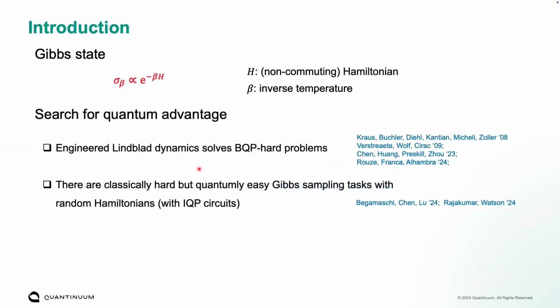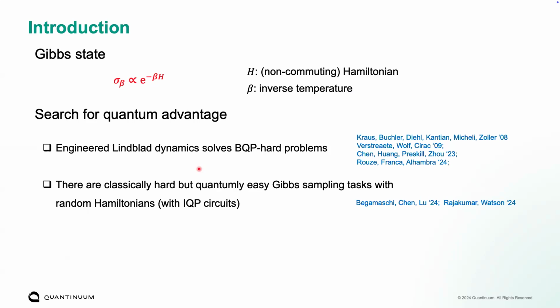From a bit different perspective, there have also been a lot of proposals to use this Gibbs state in order to achieve certain quantum advantage. For instance, there are several examples known about this Lindblad dynamics. If you can simulate certain engineered Lindblad dynamics, then actually you can solve a BQP-hard problem, meaning that it's believed to be classically hard, but quantumly you can solve it.